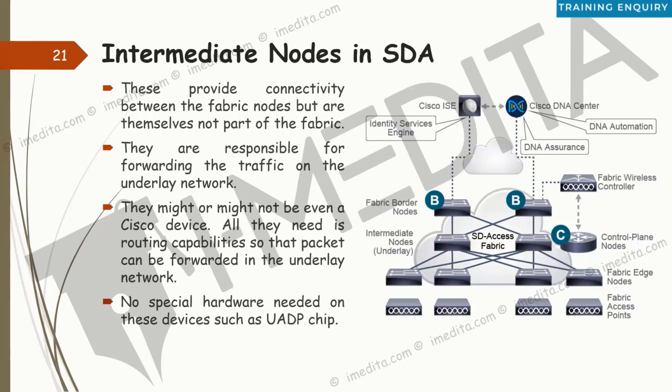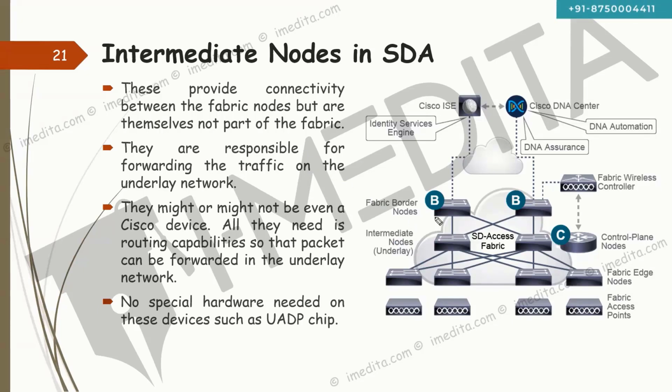Okay. Yeah, thank you. That makes sense. So all that will matter is the reachability. As long as the devices we have labeled as border devices and the devices we have labeled as edge devices are able to connect to each other using any traditional routing protocol, like EIGRP or OSPF, it doesn't matter.